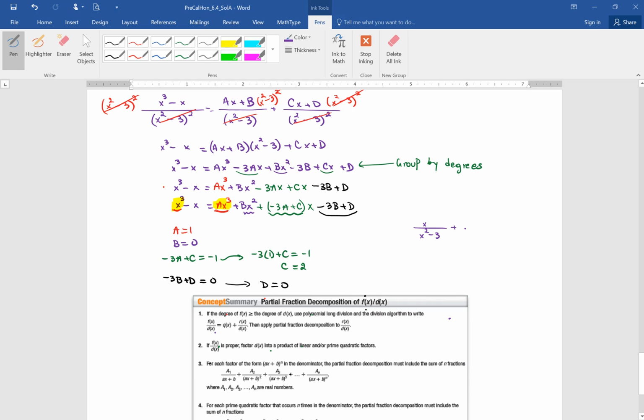I'm sorry, c is 2, d is 0. So it's 2x over x squared minus 3 squared. And there you have it, ladies and gentlemen. C equals 2. That is amazing.